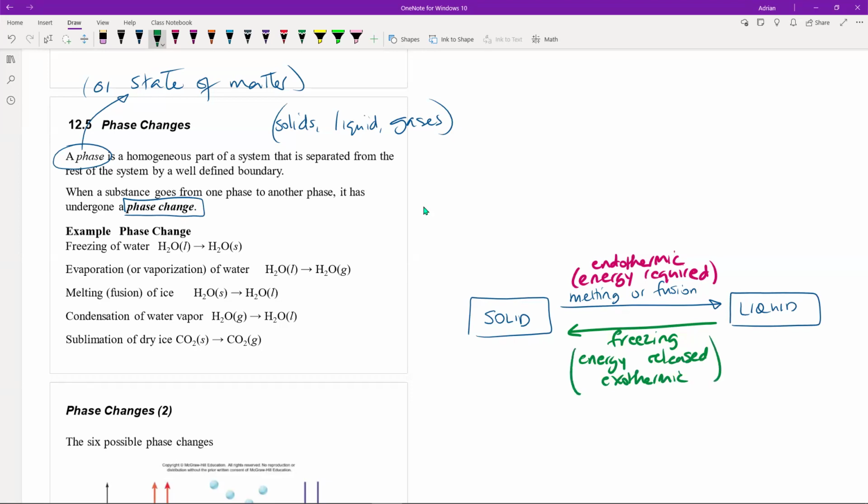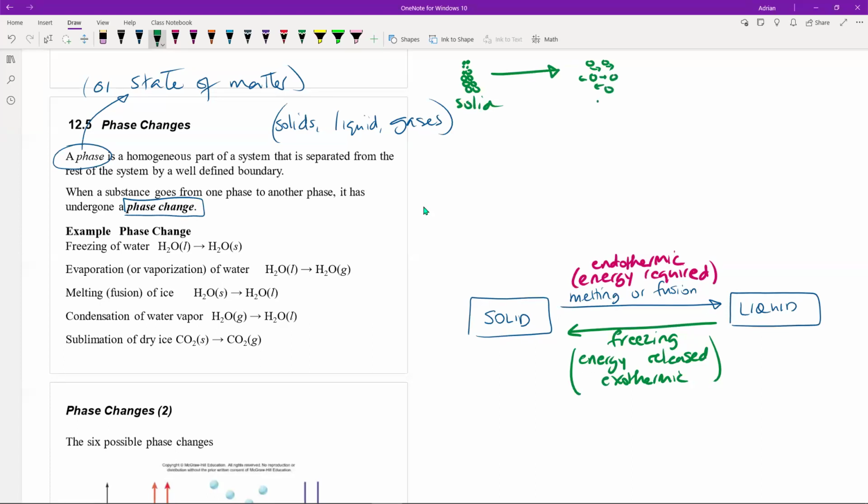And remember now, when we go from a solid, right? So there's our solid up here at the top. The particles are locked in place. There's no freedom of motion. When we go to a liquid, right, the particles have a little bit more freedom of motion. They can kind of move around a little bit. They can slide past each other.